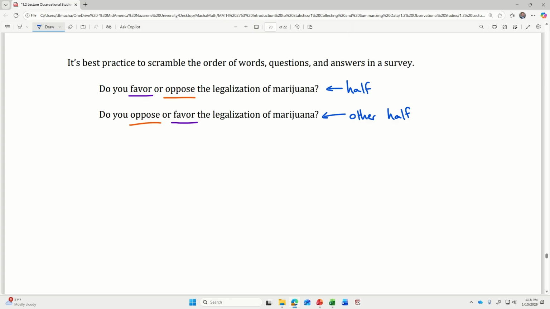Right, in your sample, randomly choose who's going to get one or the other, but half of your respondents should get the question, do you favor or oppose the legalization of marijuana? And half of your respondents should get the question, do you oppose or favor the legalization? Because even the order of these words can subconsciously influence the response. People tend to just go with the first thing they see.